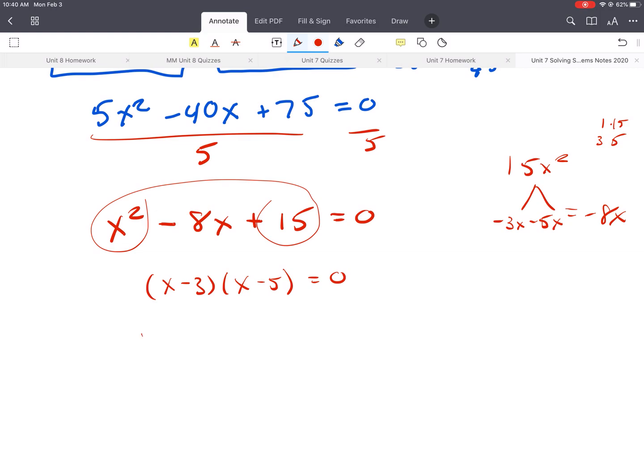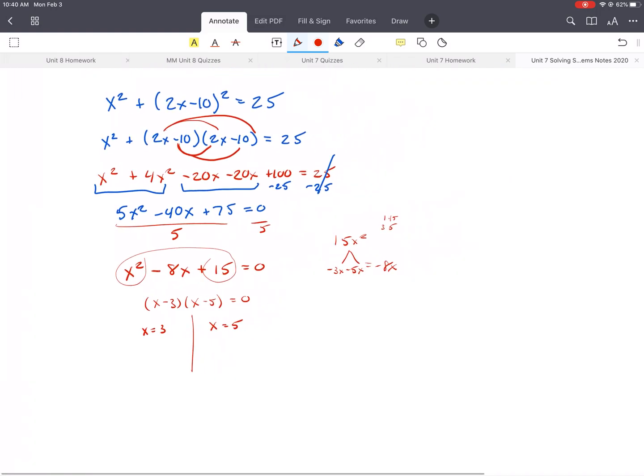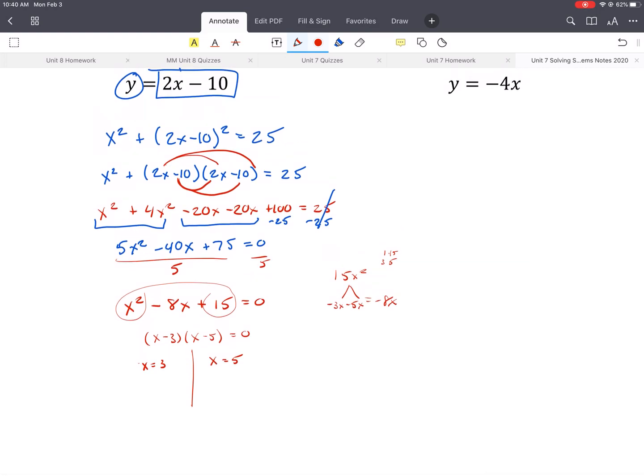So we'll have x is equal to 3, and we also have x is equal to 5. We have our two solutions. We just need to find their y's that correspond. So we're just going to plug that in. I would plug it into your easier equation. So y is equal to 2 times 3 minus 10.